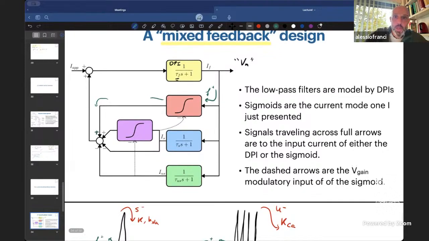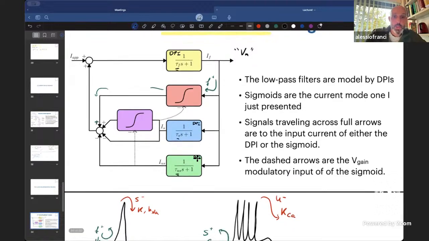Then you have a second DPI, and a DPI here, this time with a slow time constant, and the third one with an ultra slow time constant. This DPI here creates the slow dynamics that you have in neurons, and it mimics what happens with inactivation of sodium and activation of potassium. On the slow time scale, you have two coexisting effects.